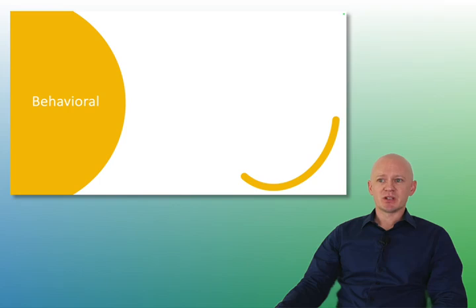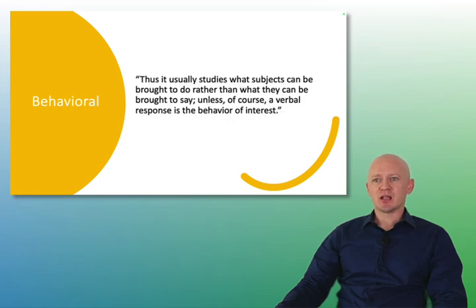The behavioral dimension was outlined by Baer, Wolf, and Risley as in applied behavior analysis, we study what subjects can be brought to do rather than what they can be brought to say, unless, of course, a verbal response is the behavior of interest. This commonly requires precise measurement, but it's important to consider how we decide whose behavior is changed. But it's also more important to consider we're very interested in changing behavior, not just you being able to say that your behavior has been changed.